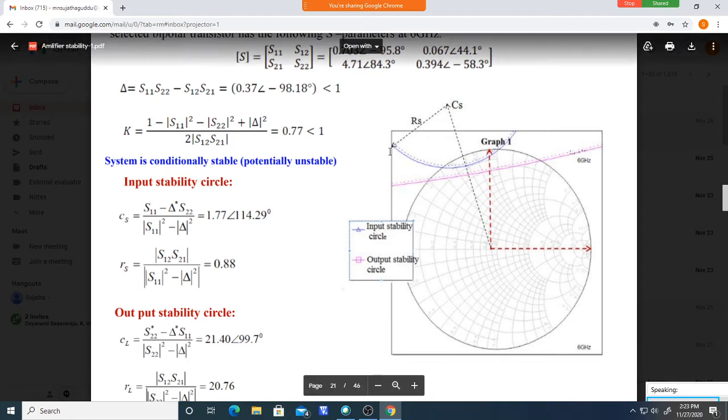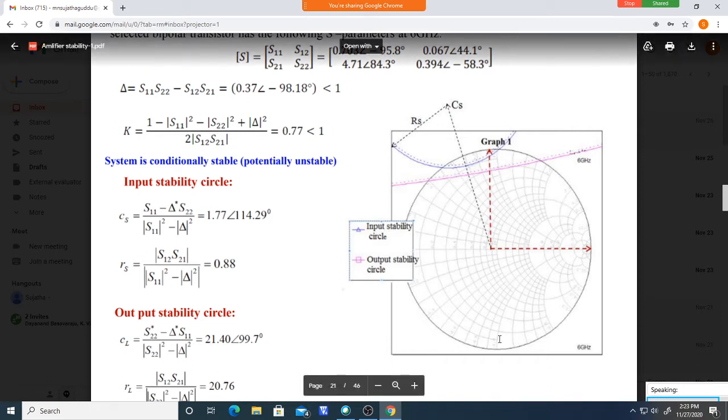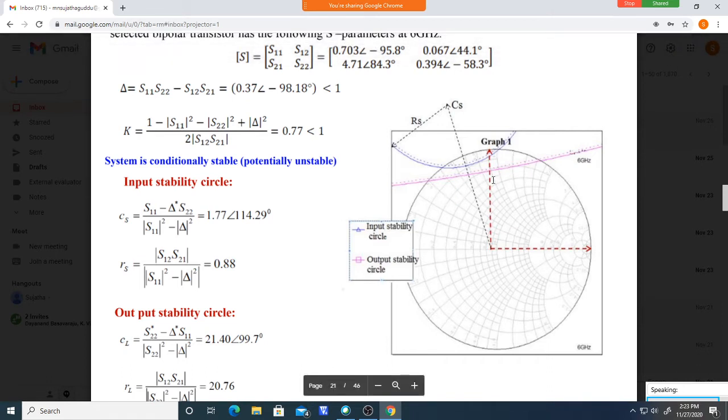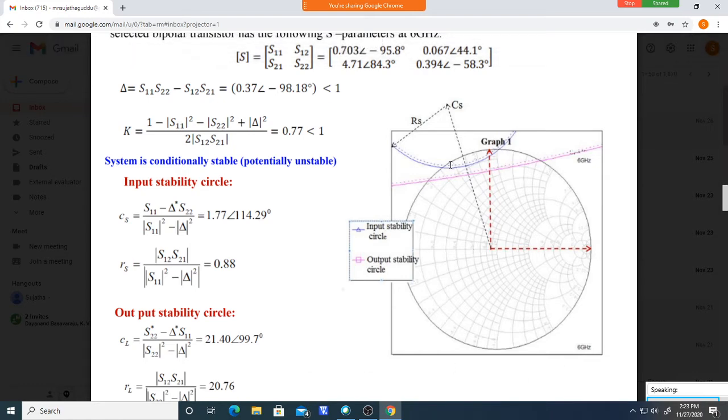So for this particular problem, because the stability circle is like this, stable values are outside the stability circle. You remember yesterday's class, stable values are outside the stability circle. But you cannot use the values inside for stable operation. So our constant gain circle should not lie here.